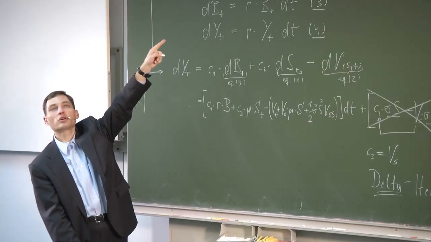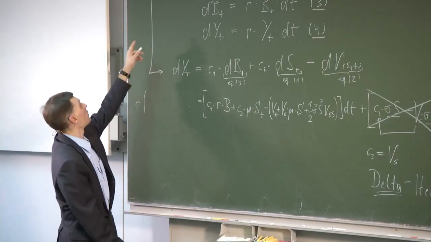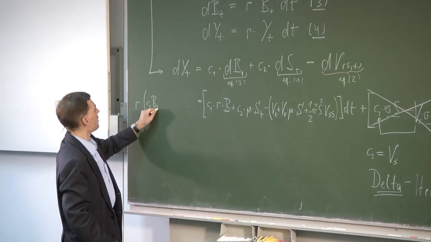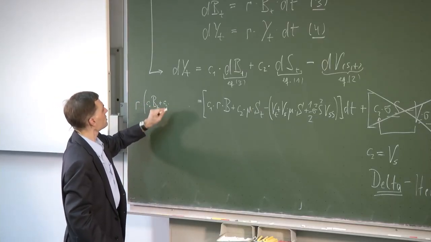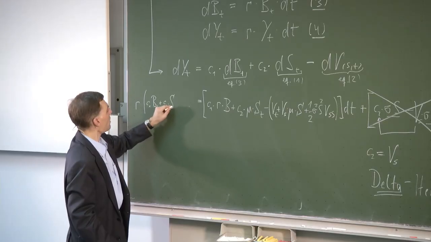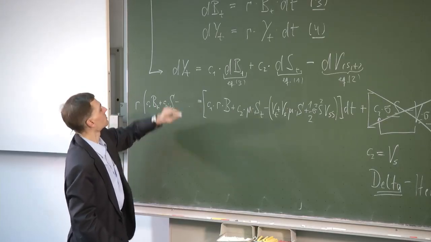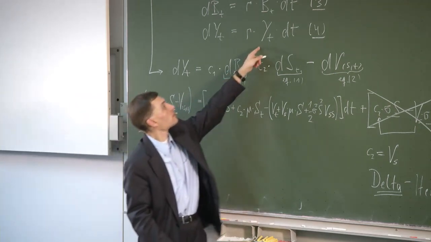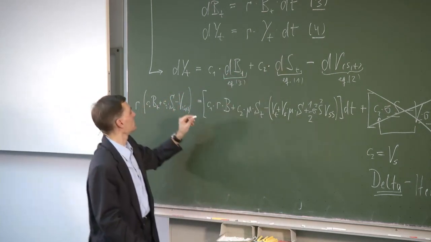Well, this is my portfolio. So I use the portfolio equation here. So it's C1 times my bond, C2 times my stock, minus my option function, times, this is y, dt.